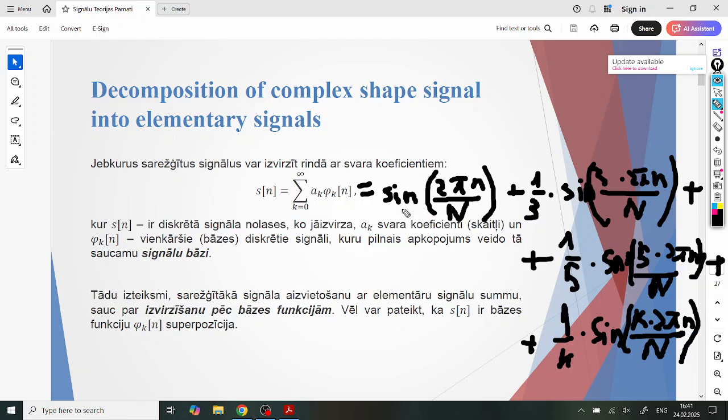So you see, in a sense, our phi k was the sine wave of k, and our ak coefficient was 1 versus k, as simple as that. Now the question is, how did I know that I have to use 1 versus 3, 1 versus 5, 1 versus k to get a rectangular shape? And is it possible to calculate that?